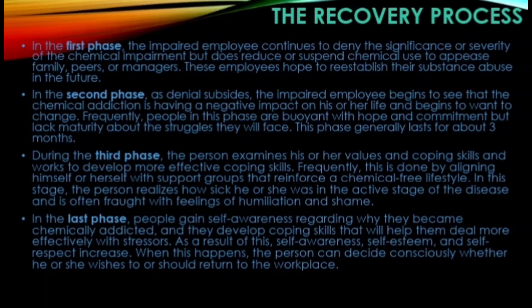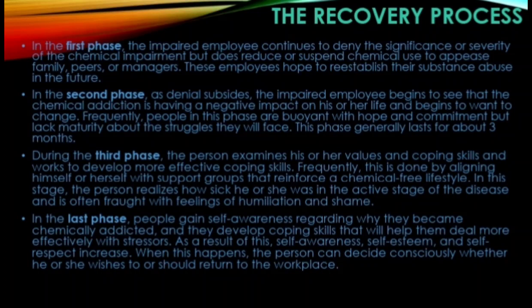In the second phase, as denial subsides, the impaired employee begins to see that the chemical addiction is having a negative impact on his or her life and begins to want to change. Frequently, people in this phase are buoyant with hope and commitment but lack maturity about the struggles they will face. This phase generally lasts for about 3 months.